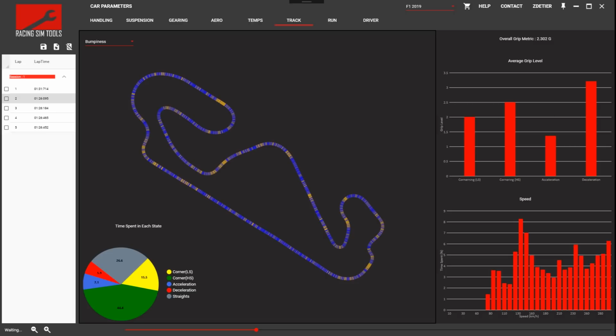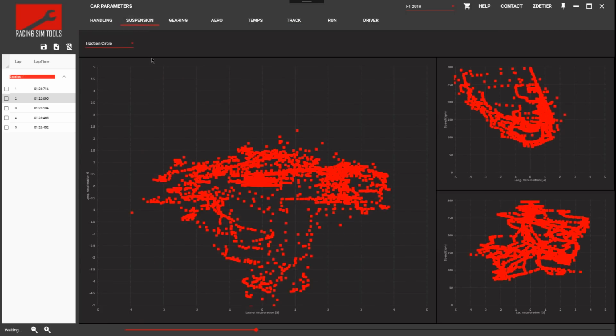And one of the last things that we want to consider when doing a track analysis is we need to look at what tires we think are going to get worked the hardest. The way we do that is we go to the suspension tab and go back to traction circle. What we're looking for is the region where the most data samples are on the outside of the traction circle.